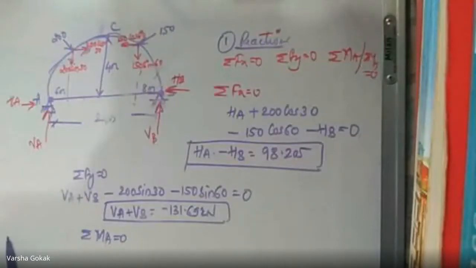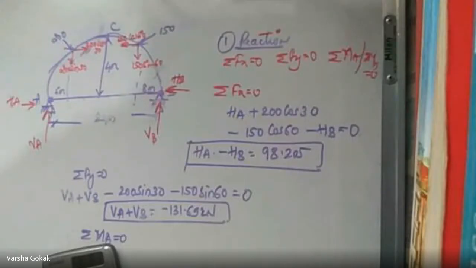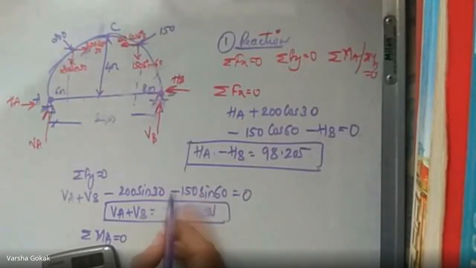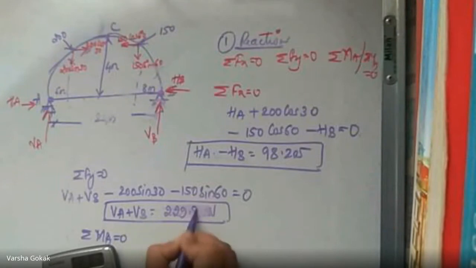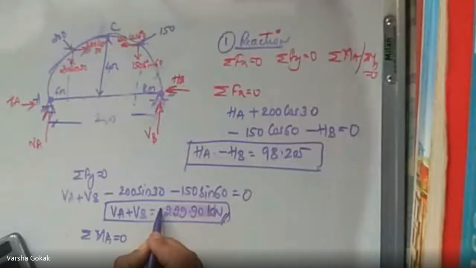You're getting minus 229. Others please check 200 sine 30 minus 229.90. Is it 150 sine 60? Yeah, 229.9, correct.